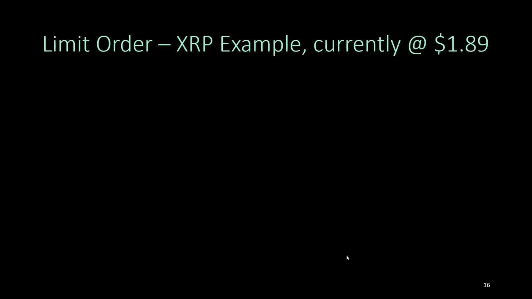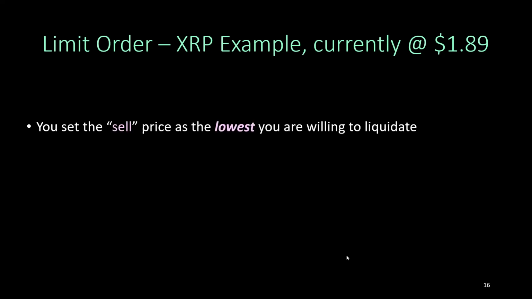I'm going to give examples of these just so you see this. Let's use XRP as an example, trading at 1.89 as I was typing this up and doing this video. So if you're in the mood to sell your XRP, you're going to set a limit order on Uphold as the lowest price you're willing to liquidate.